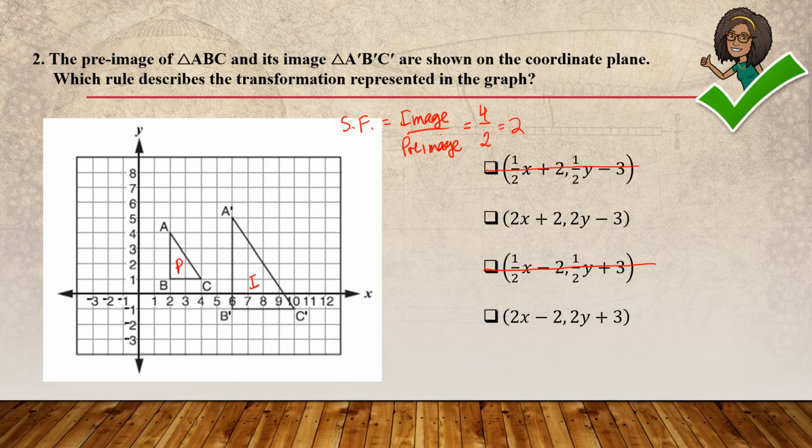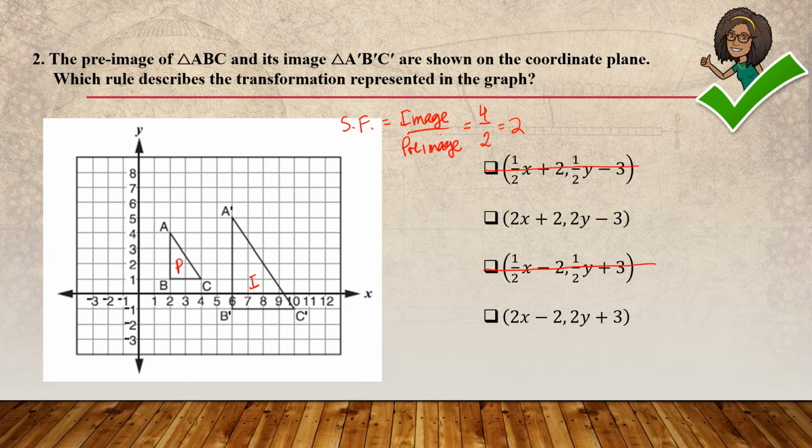All right, so when we do that, we're going to actually now apply the dilation rule. So we're going to take every point of A, B, and C in our pre-image and multiply it by 2. So we see A is at 2, 4. If I multiply that by 2, it's going to be 4, 8.